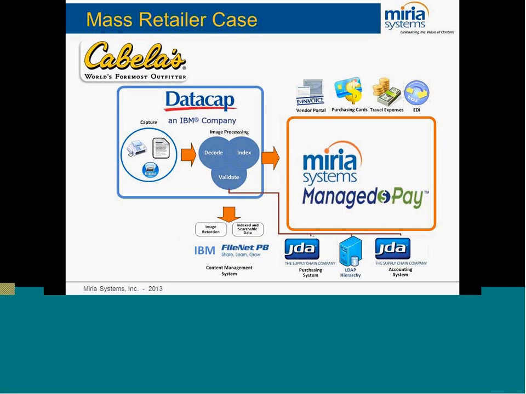When we code and decode and validate, we're doing that against a JDA back-end purchasing system as well as a JDA accounting system. And then their LDAP hierarchy comes in and brings in all their user base so that the ring of approvals is already built in their LDAPs, so there's no duplication of effort of loading it from one system to the other.